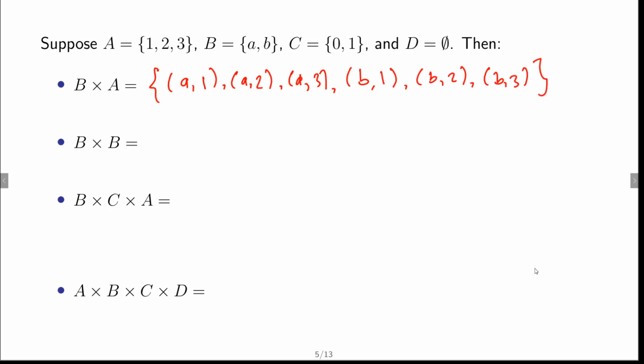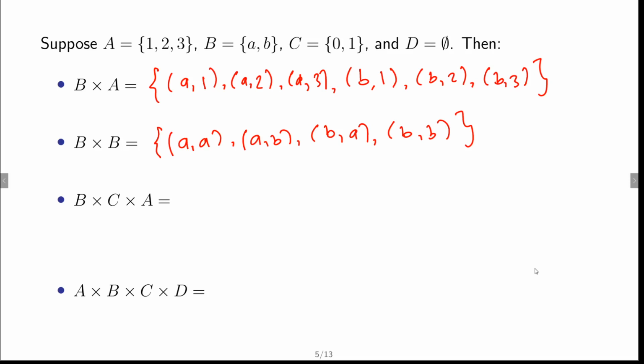Well, B times B consists of the pairs whose elements are taken from B, all of them. So all possible combinations give you the pairs (a, a), (a, b), (b, a), and of course (b, b). 4 pairs.